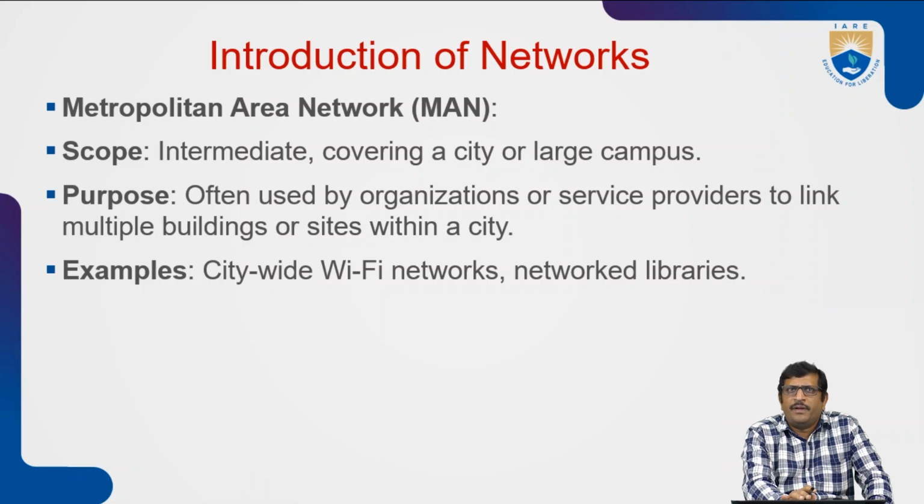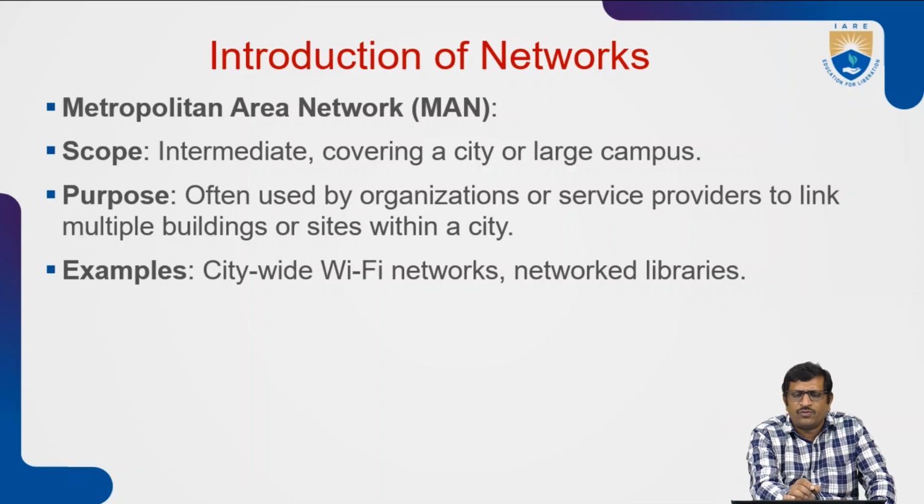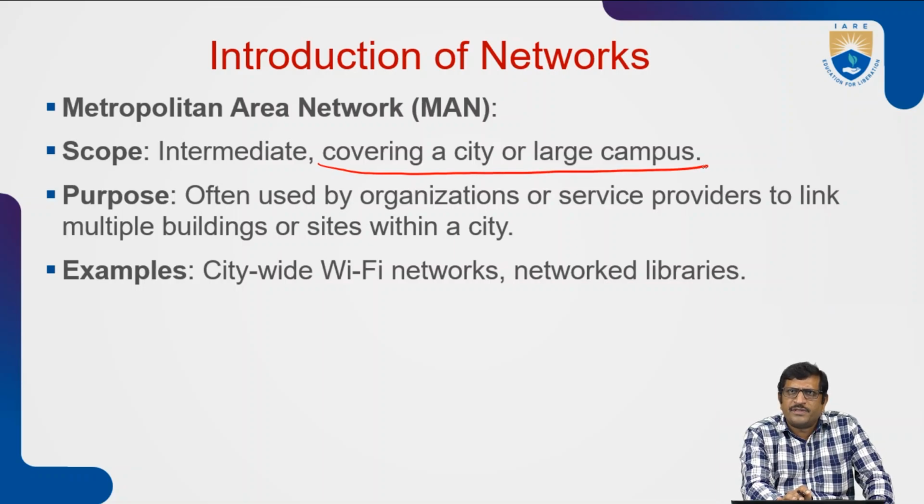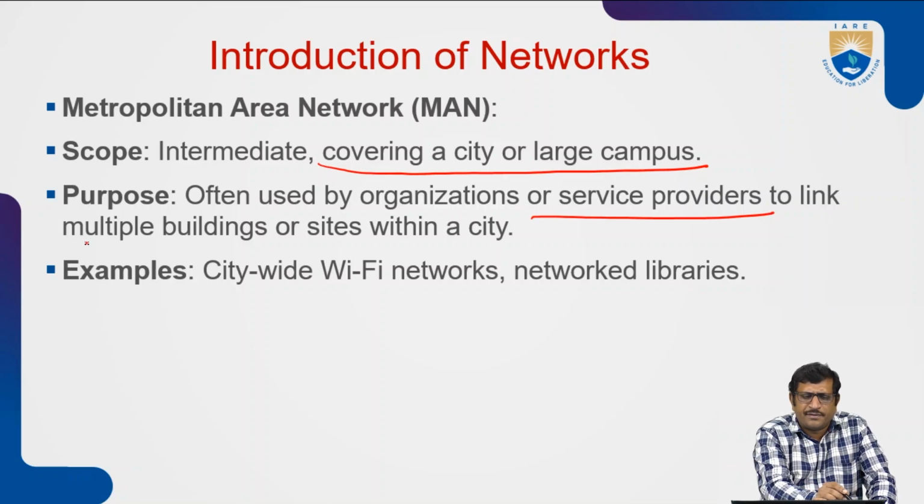Metropolitan area networks, MAN. Here the scope of the MAN is intermediate, covering a city or a large campus only. MANs can be utilized for large campuses. Organizations or service providers use the MAN for linking multiple buildings or sites within a city.